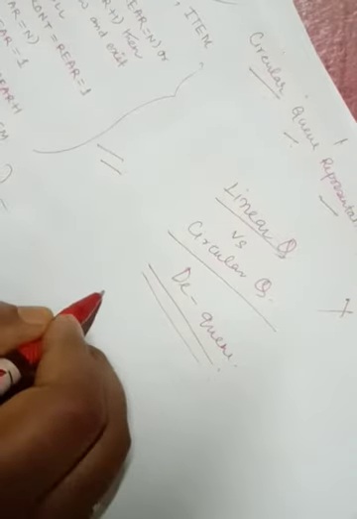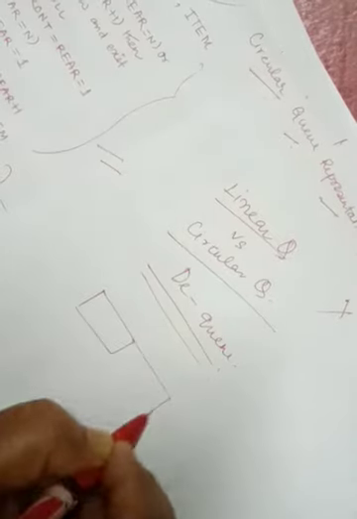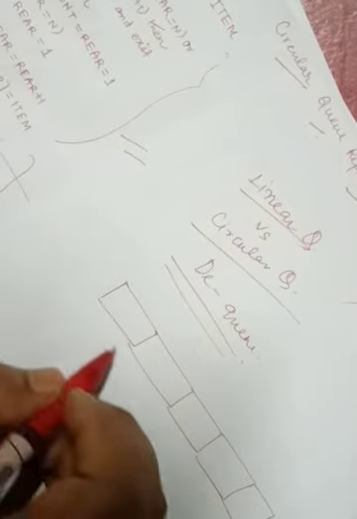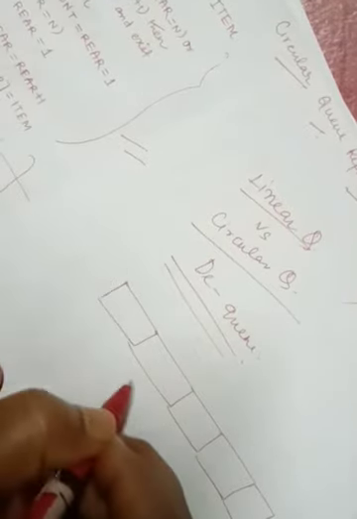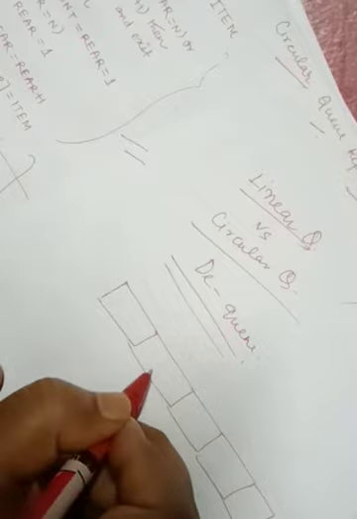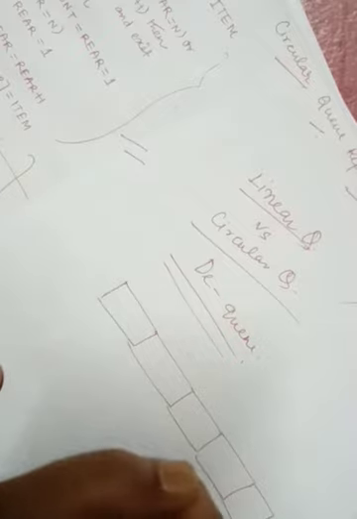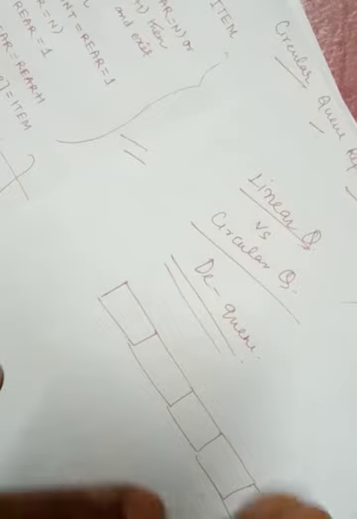Suppose this is the array representation of the queue. We can insert or delete an element at both ends, that is from left and from right.